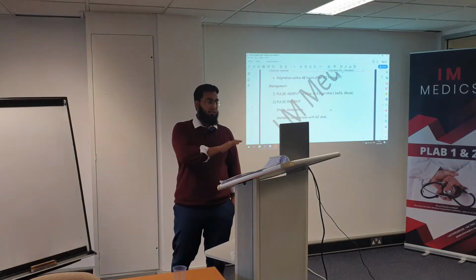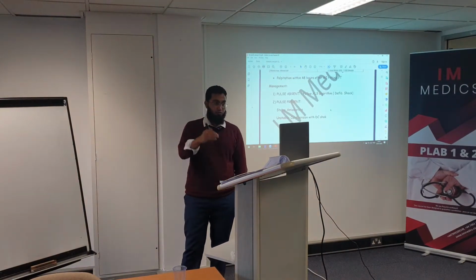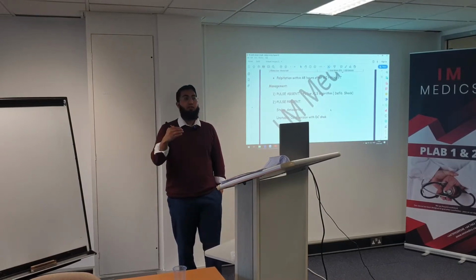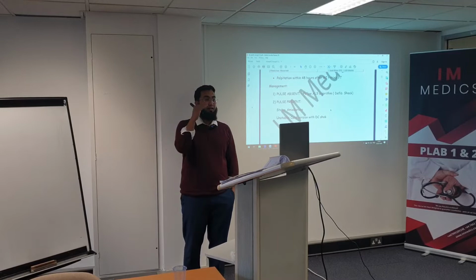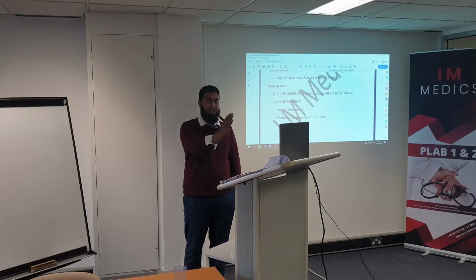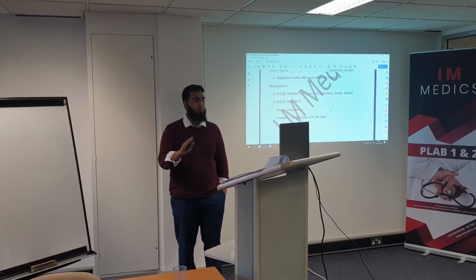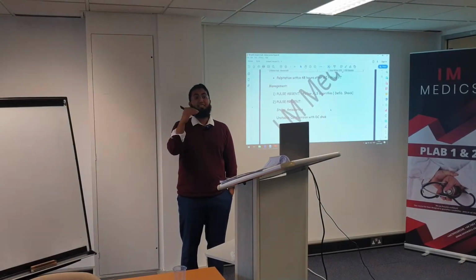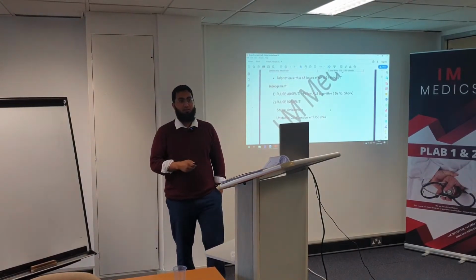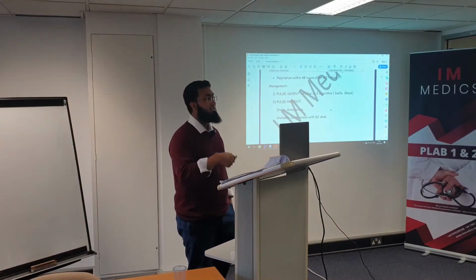Just a diversion: the patient has a CURB-65 to make the score. Obviously you have the respiratory rate, urea and so on. One of them is blood pressure. If the systolic is less than 90, for example 89, that will count. If it's 90, it will not count. Diastolic, if it's 60 or less.